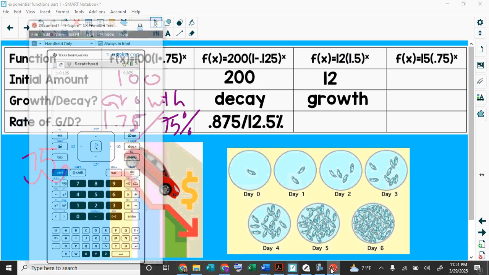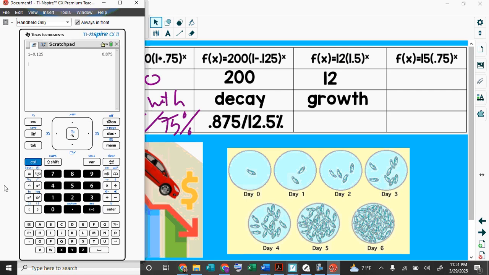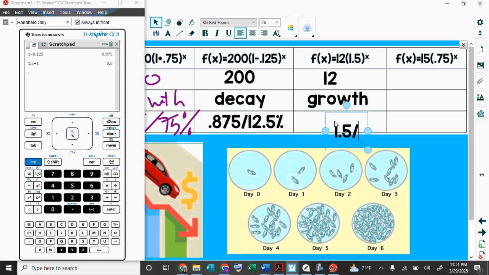Well, we can take our calculator and do 1.5 minus 1 to get 0.5. And so 1.5 is my growth factor. The percent was 0.5, which is 50%. 1.5 is my growth factor. 50% is the rate that it grew.